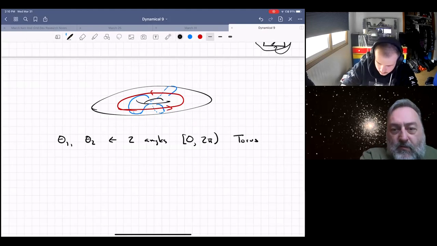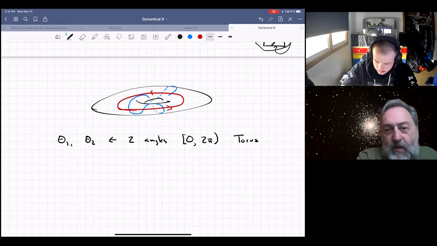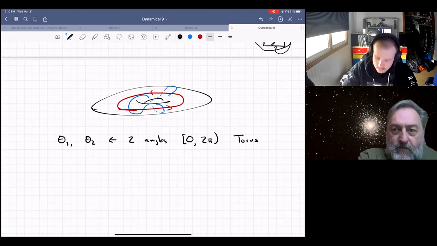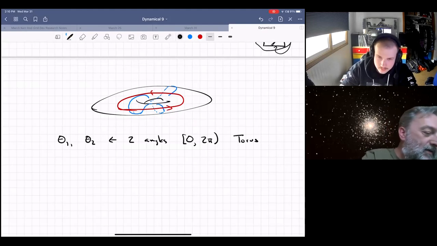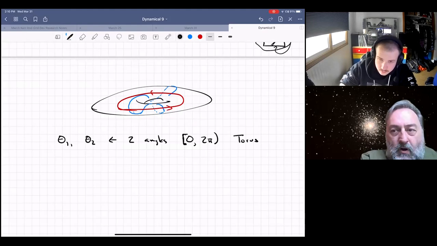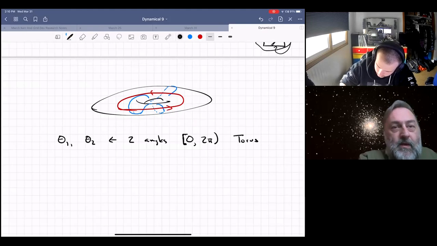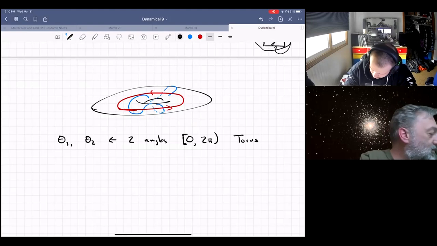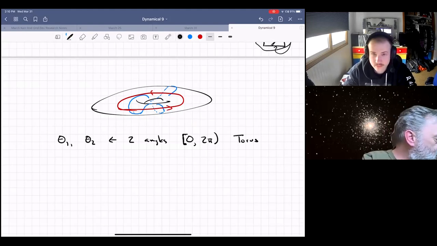So both of these angles run from 0 to 2 pi, and when you get to 2 pi, you go back to 0. Which is why I've denoted the intervals as closed on the 0 end and open on the 2 pi end, because the 2 pi point I don't want to include, since that would be an extra point. So 0 to 2 pi is the torus that we're interested in.